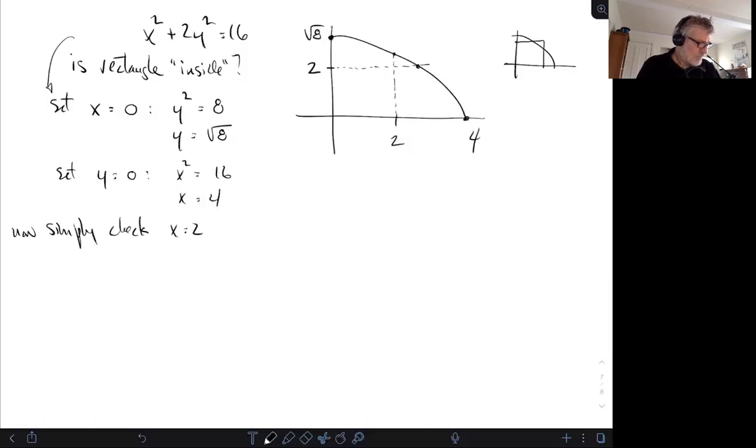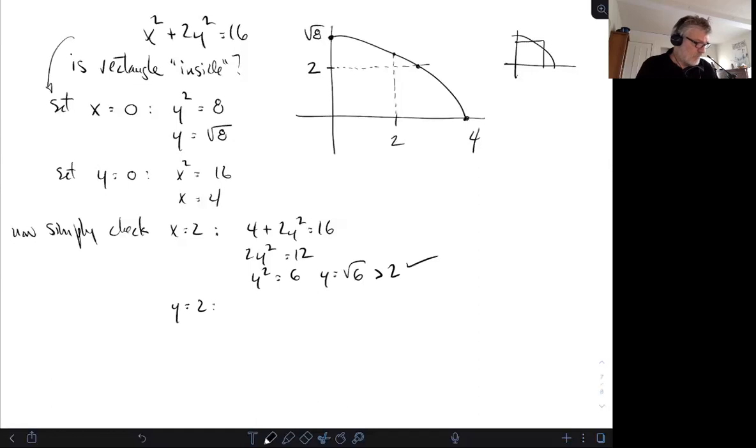X equals 2. Okay, so if I set that, I'll get 4 plus 2y squared equals 16. 2y squared equals 12. Y squared equals 6. This is bigger than 2. This is great.